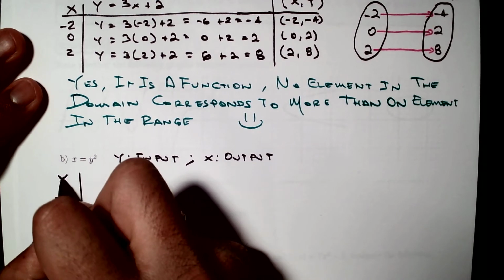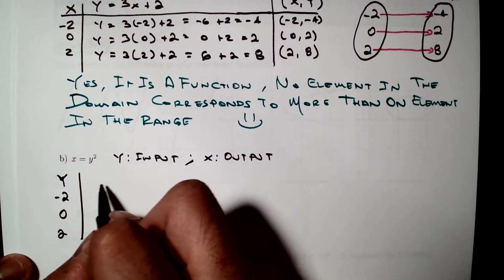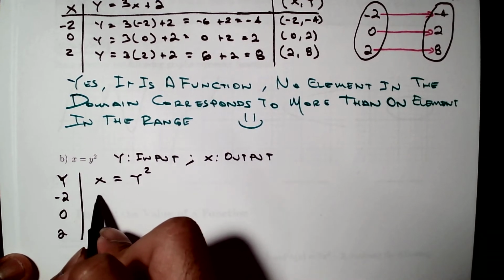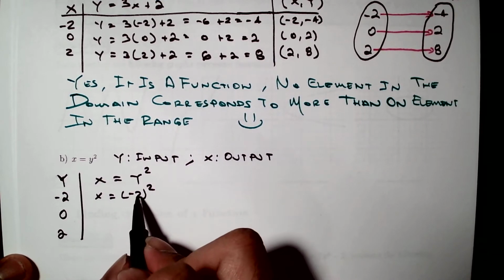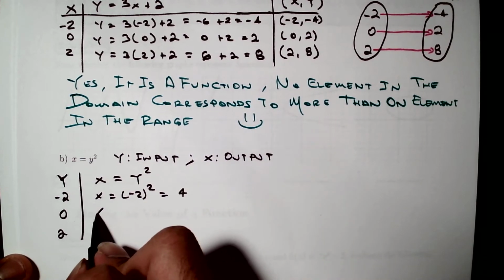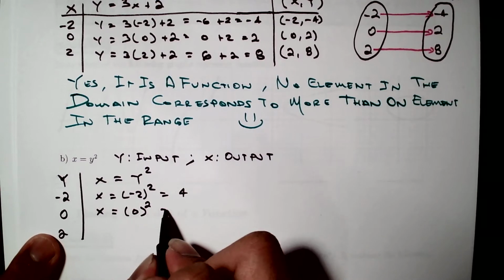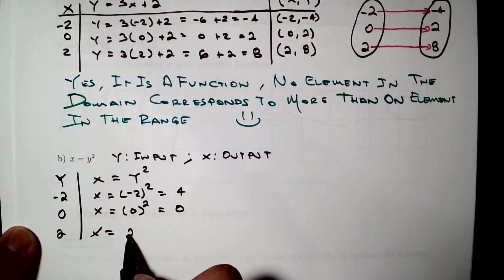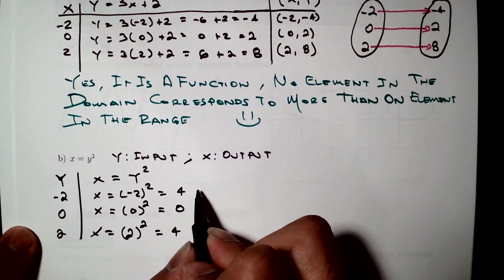So Y, okay, and so X equals Y squared. So X equals (-2) squared. Be careful, because a negative quantity squared equals +4. X equals 0 squared is simply 0, and X equals 2 squared, that's also giving us a 4.